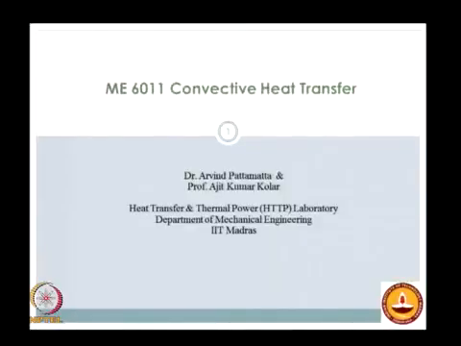So this semester the course Convective Heat Transfer is being offered by myself and Professor Ajit Kolar from the Heat Transfer and Thermal Power Laboratory of our Department of Mechanical Engineering.